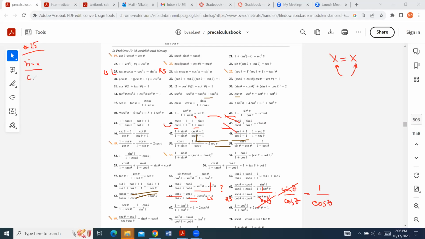Tangent is sine over cosine, and cotangent is cosine over sine. And I like that because it looks like everything is going to nicely cancel here. So when I subtract the square of a cosine, then I can see that we really end up with 1 on the left side, minus cosine squared of u on the right side.